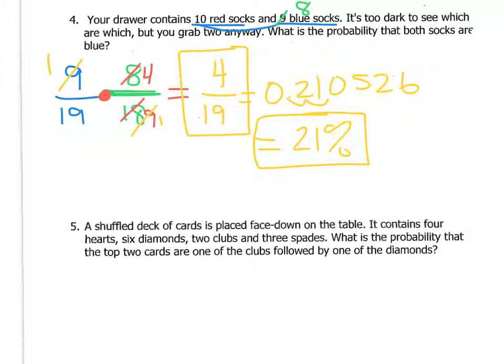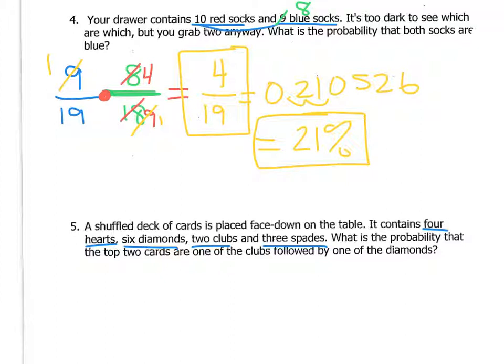A shuffled deck of cards is placed face down on the table. It contains 4 hearts, 6 diamonds, 2 clubs, and 3 spades. What is the probability that the top 2 cards are one of the clubs followed by one of the diamonds? First of all, what are the chances that the top card is a club?